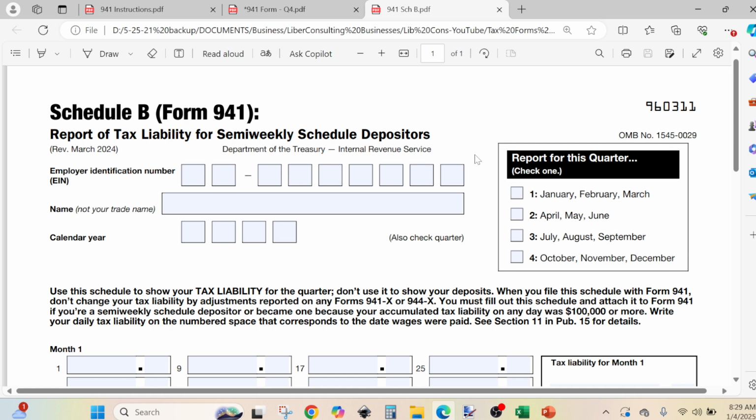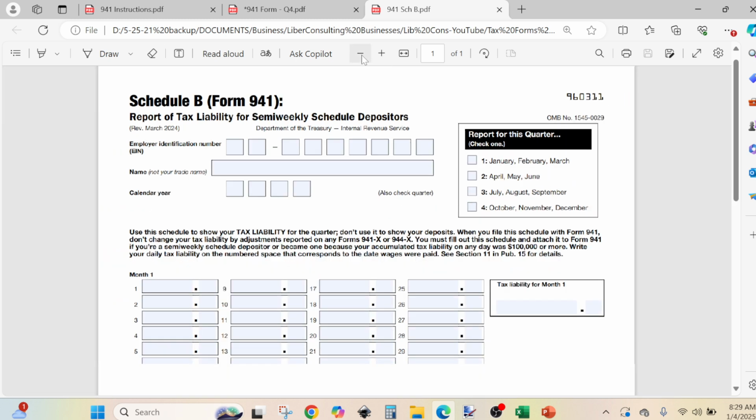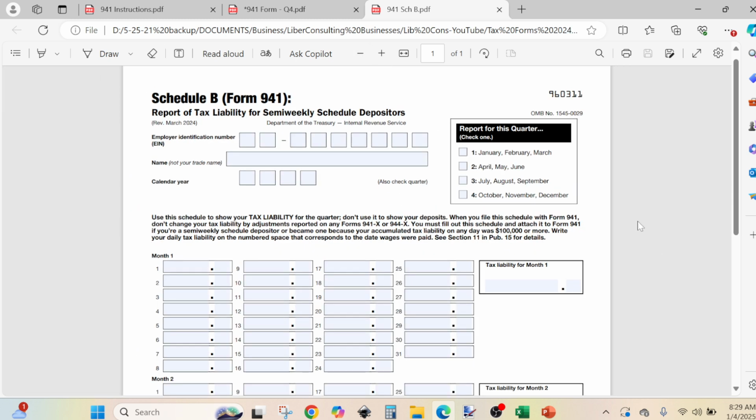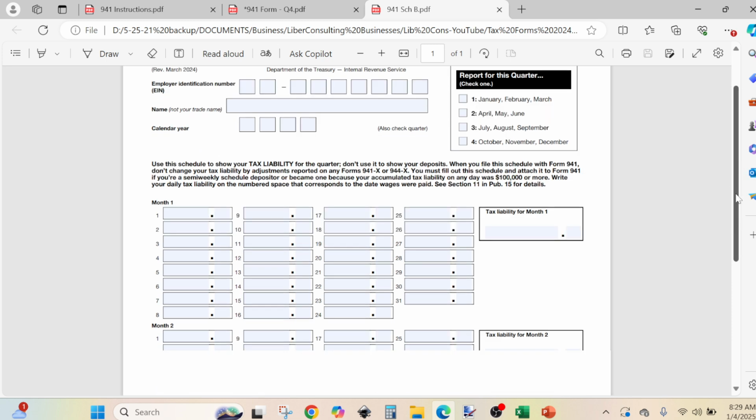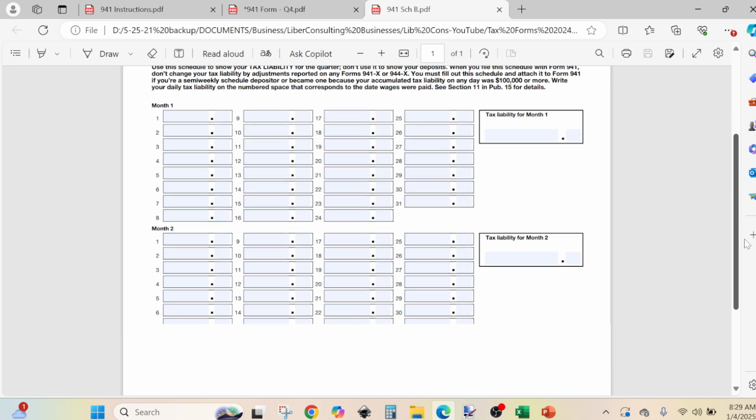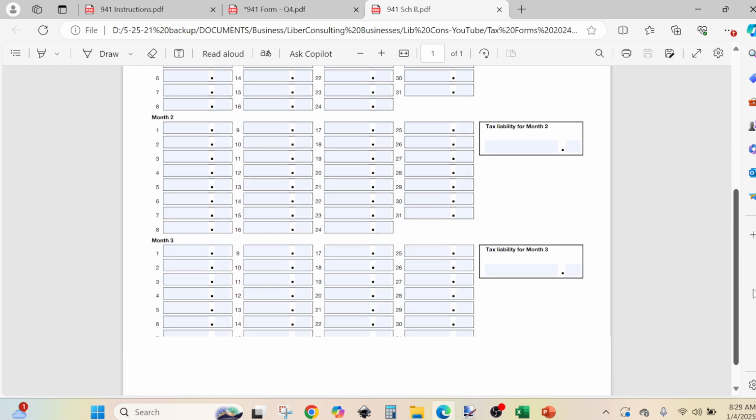Schedule B is a three-month type of schedule, so you'll have 31 days for months 1, 2 and 3 for you to put your tax liability by day.